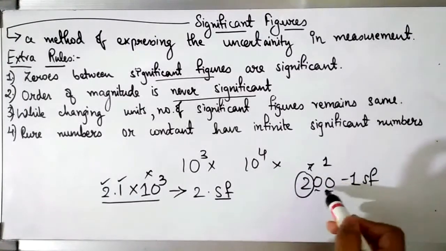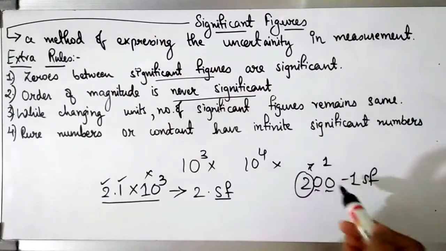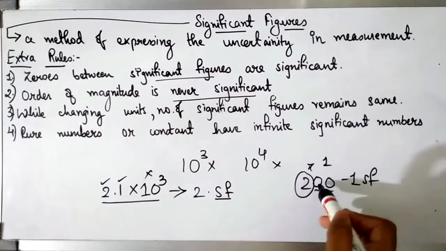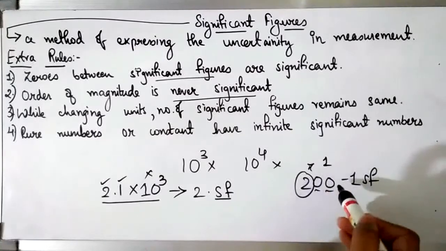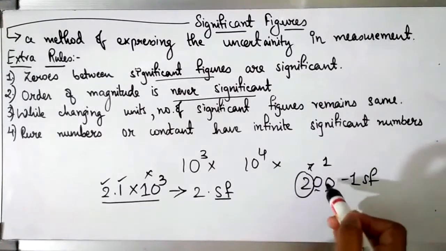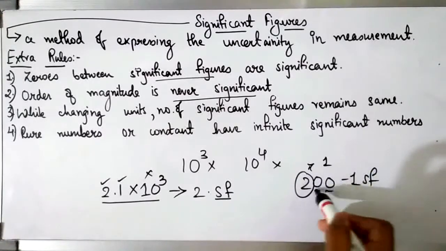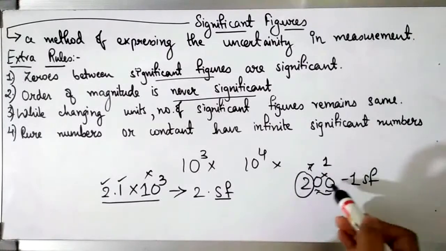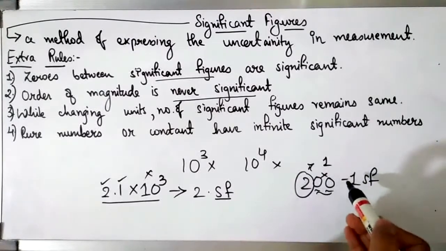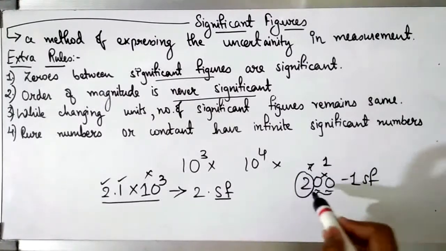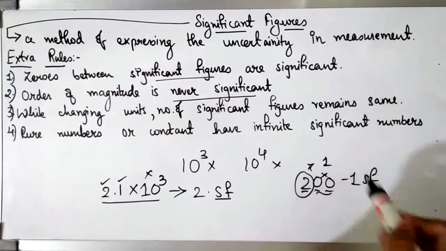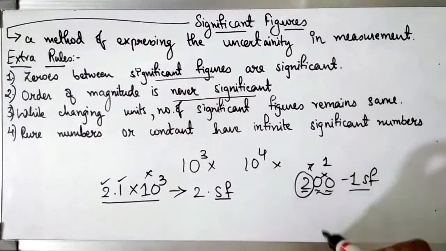There is no condition by which these zeros can become significant. Neither are they present between 2 significant figures or 2 non-zeros, nor are they the ending zeros present after the decimal. So these 2 zeros cannot be considered significant. They do not fulfill any of the conditions for zeros to be significant, and only the 2 is significant. So you have only one significant figure in this 200.